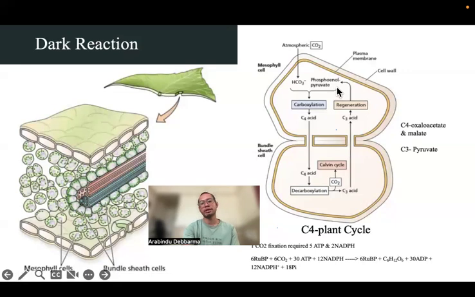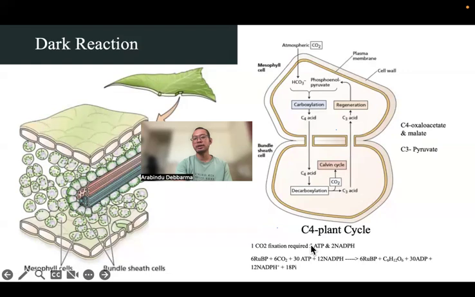In this process, to fix one carbon dioxide, we need 5 ATP molecules and 2 NADPH, because we already know in the Calvin cycle we require 3 molecules of ATP and 2 molecules of NADPH. Here, during the carboxylation process, an extra 2 ATP is required.